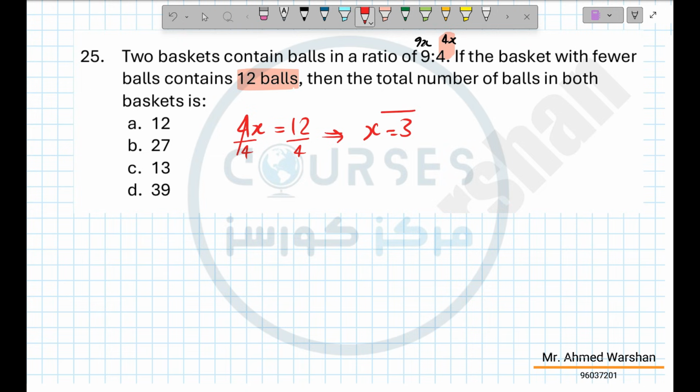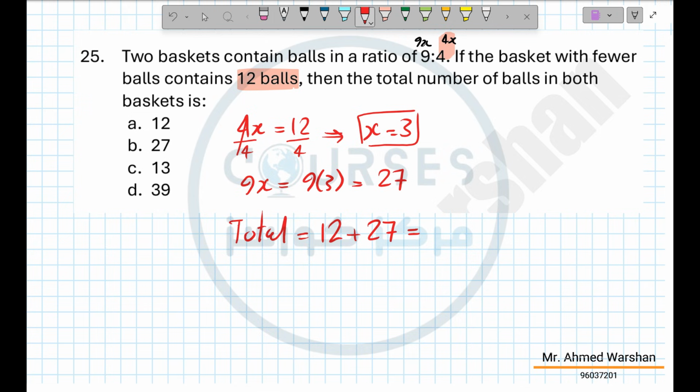So x equals 3. So the first basket would have 9x, which is 9 times 3, which is 27. So we know now that the small basket has 12, the big basket has 27. So the total would be equal to 12 plus 27, which is 39.